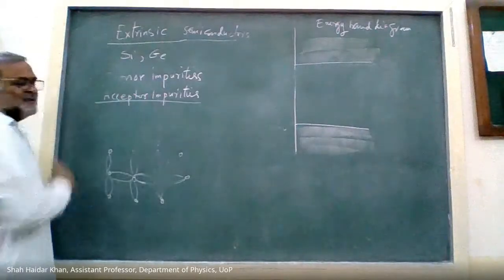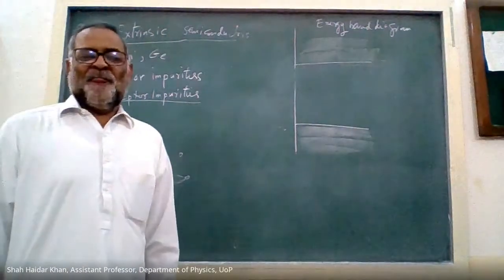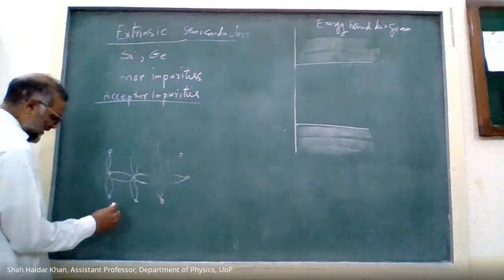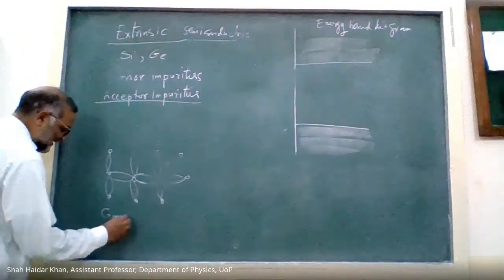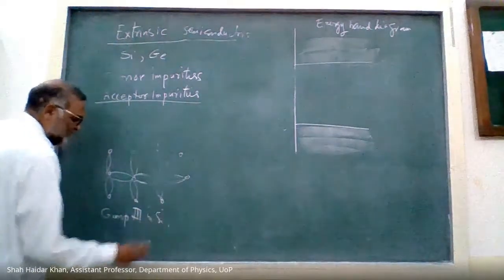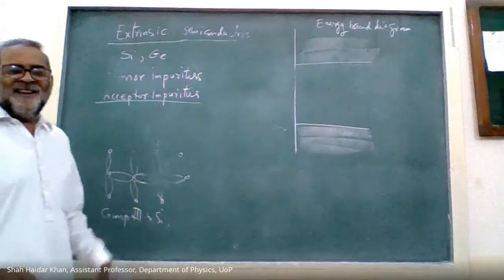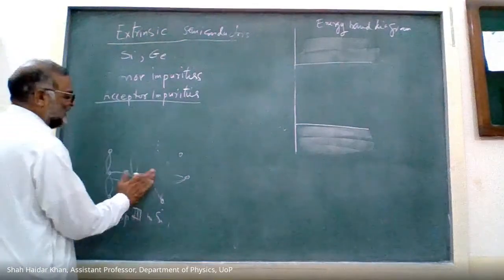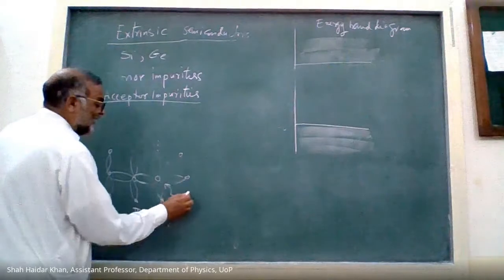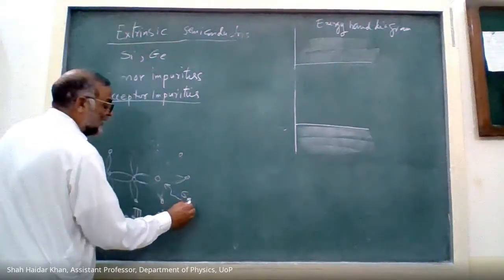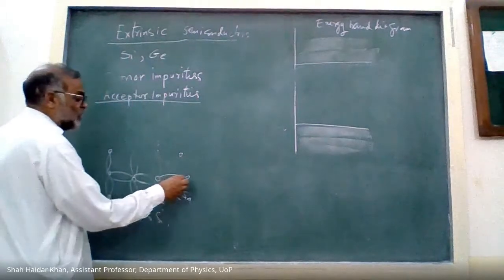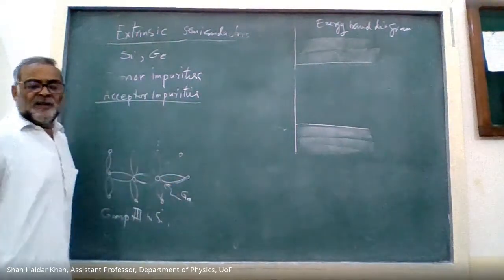Now consider acceptor impurities. Suppose we put gallium from group 3 in silicon. For example, you put gallium in here. There are 3 electrons in the last shell.